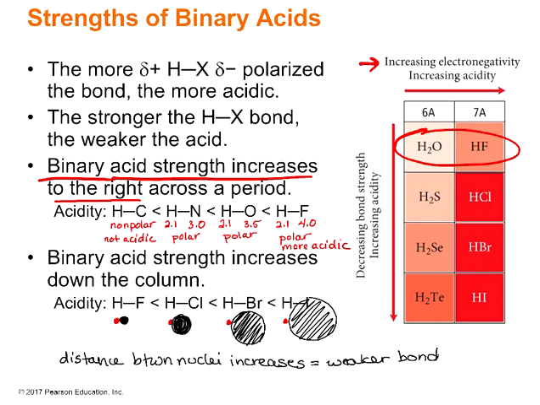The iodine's very large, and so it doesn't attract hydrogen very well. So hydrogen can just leave, and it doesn't make a huge difference to iodine. So if you do have a weaker bond, that means that you have a stronger acid.